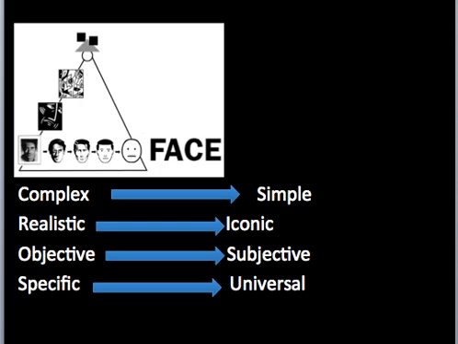So here he kind of outlines: complex to simple, realistic to iconic, objective to subjective, specific to universal. These are the scales or progressions that he's looking at in terms of when artists choose to simplify or iconify or make more universal the face of a character or the body of a character, or in general anything. Even the setting can be made more iconic, so it can be made more universal.